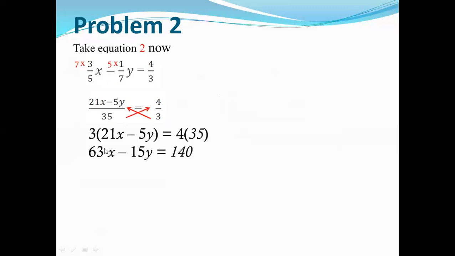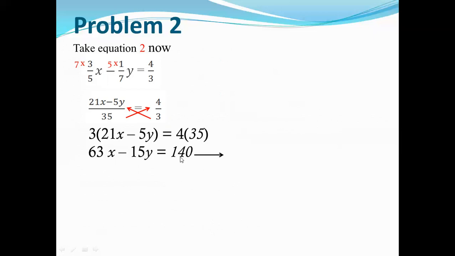Now, to remove the fractions further, we will cross multiply. So 21x minus 5y will be multiplied by 3 and 35 will be multiplied by 4. After multiplication, we have 63x minus 15y equals 140.